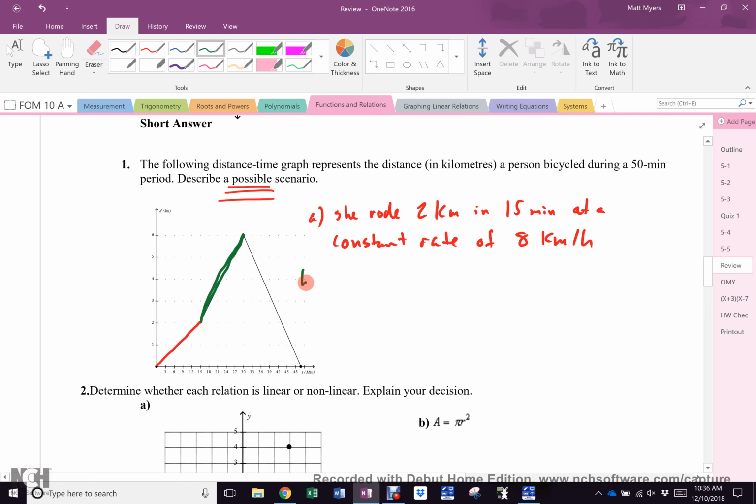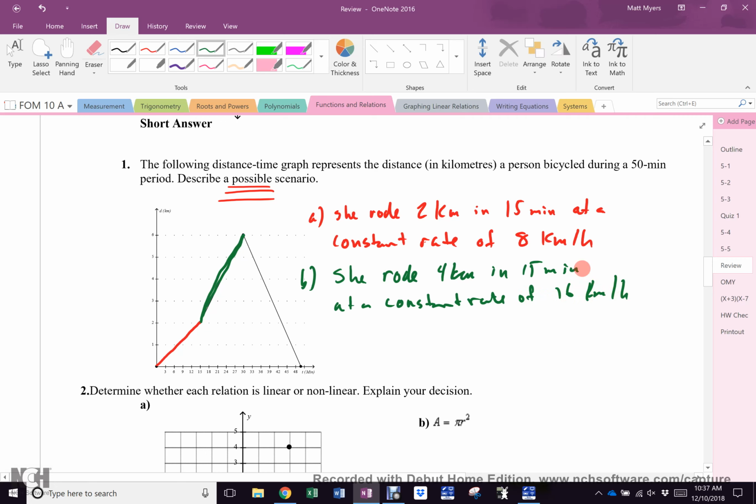What's the second section? She rode 4 km in how long? In 15 minutes at a constant rate of 16 kmh. Whoo! We are cruising for the A+.